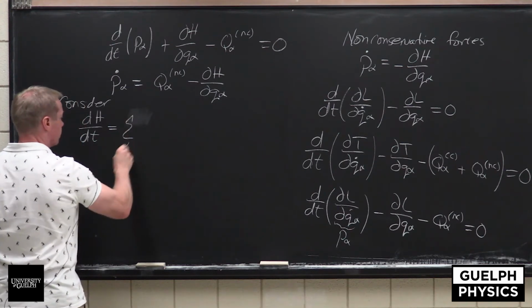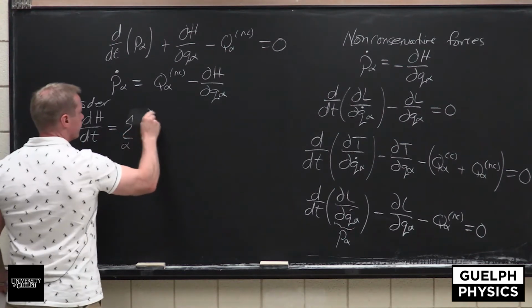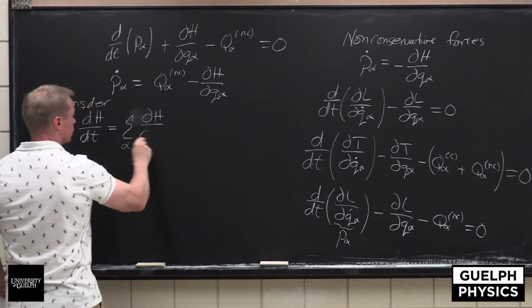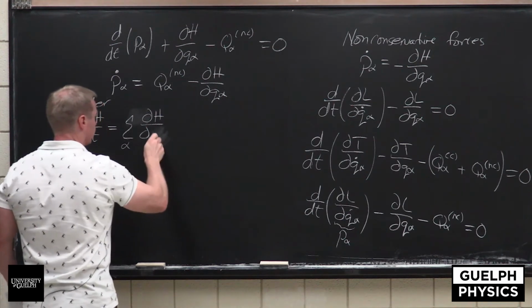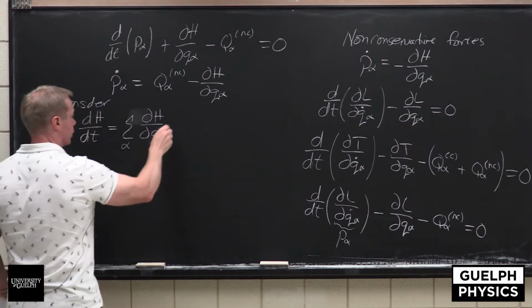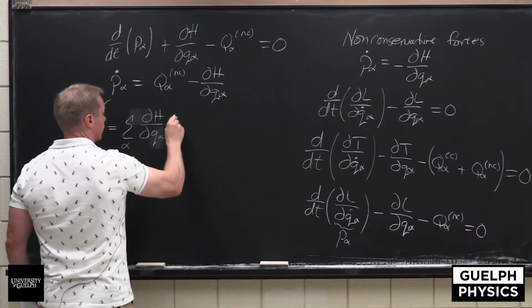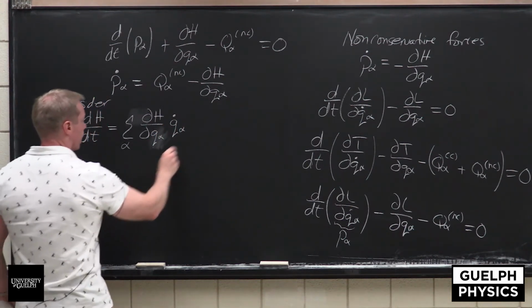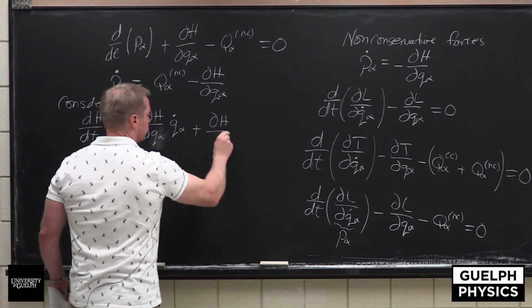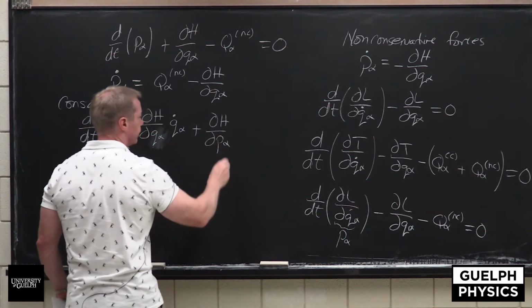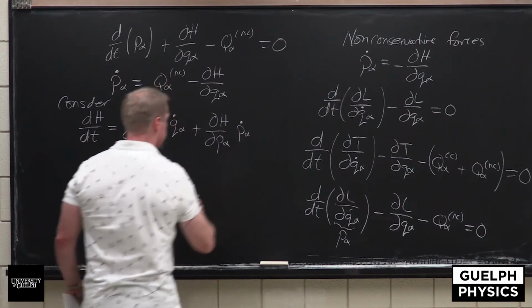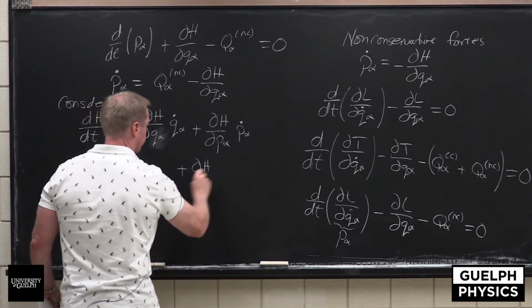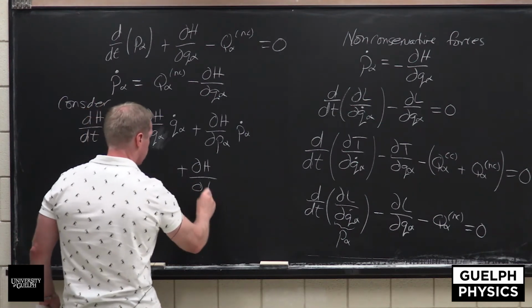So I will sum over all alpha of ∂H/∂Q alpha times Q alpha dot, and then ∂H/∂P alpha times P alpha dot, and then finally a ∂H/∂t.